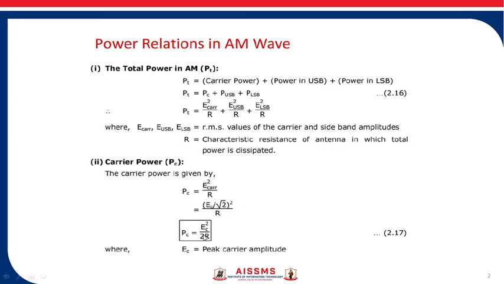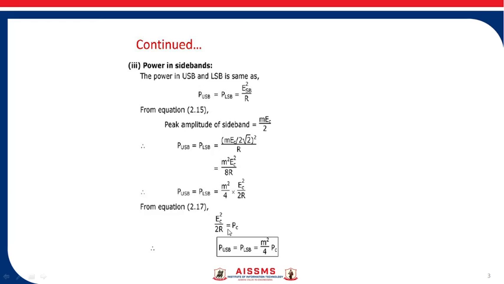So if you put the carrier power in place of this term, you will get the equation P USB is equal to P LSB is equal to m square by 4 into PC. If in numericals they ask you to calculate the upper sideband and lower sideband power, you can calculate it directly by this equation.